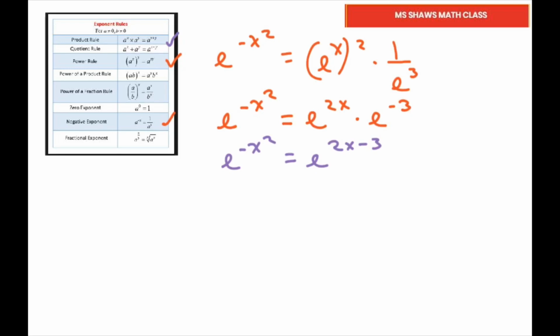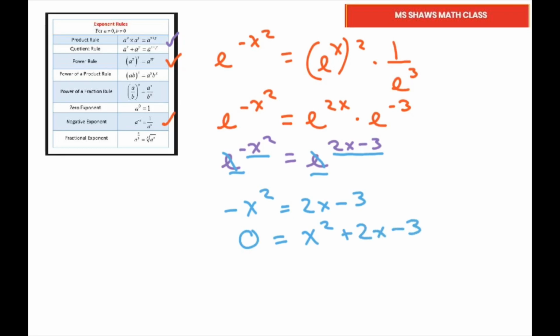Now, since we have one base on the left and one on the right, we just have to solve for exponents because our bases match. So we have negative x squared equals 2x minus 3. I'm going to set this to 0 and move that x squared to the right side.